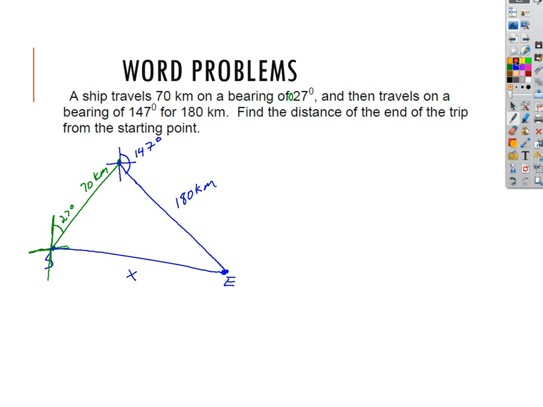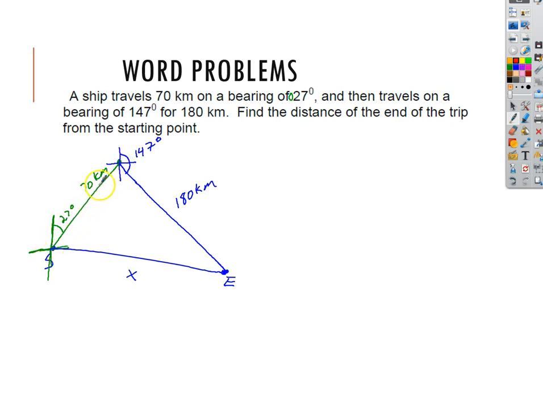When I first looked at this problem, I was like, I don't know, I'm not sure if I could pull this off. And then I saw something. What's really great about bearings is this piece here.